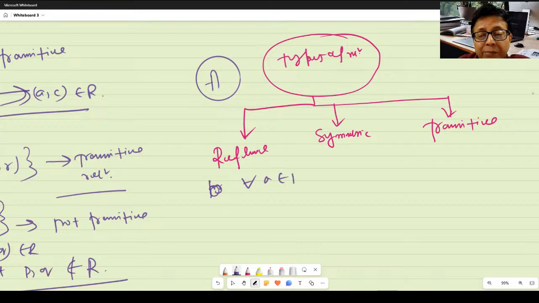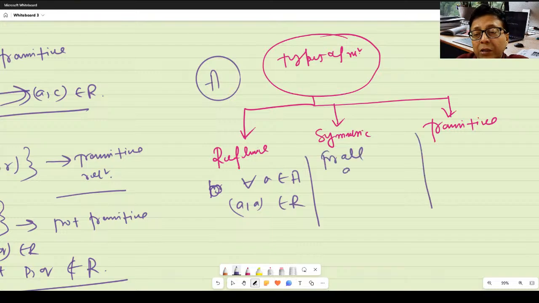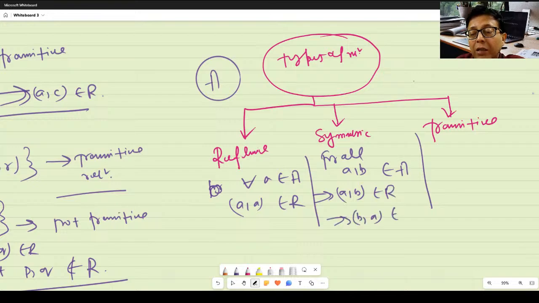Reflexive: for all A belongs to A, (A, A) belongs to R. Symmetric: for all A, B belongs to A, (A, B) belongs to R implies (B, A) belongs to R. Then this is symmetric.